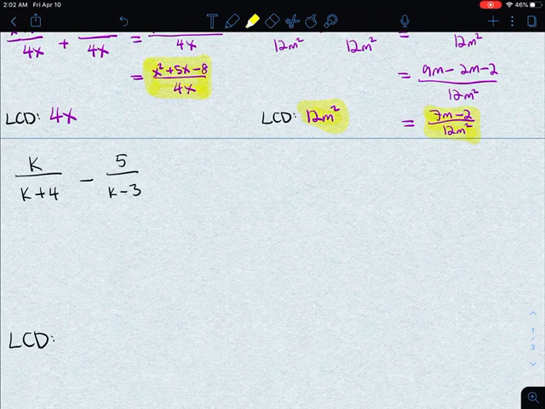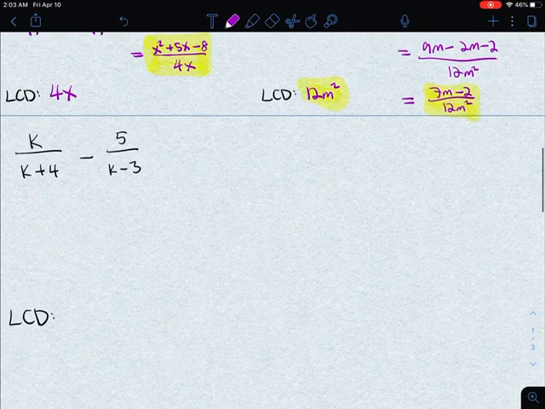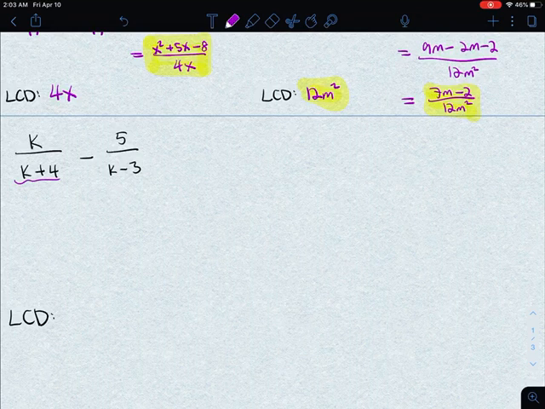Okay, so let's go ahead and do one last one just to get some practice, and we will do more of this next time as well. So I will make another video next time on adding and subtracting, just so that we can really get some practice. Because like I said, this is more complicated than multiply and divide.